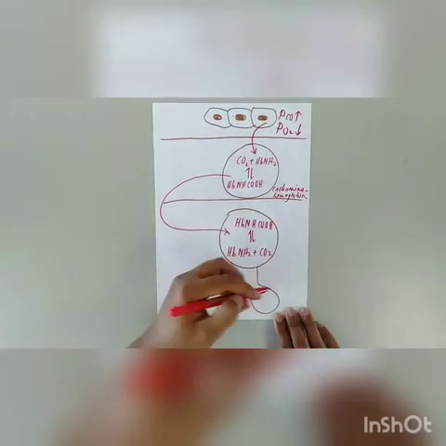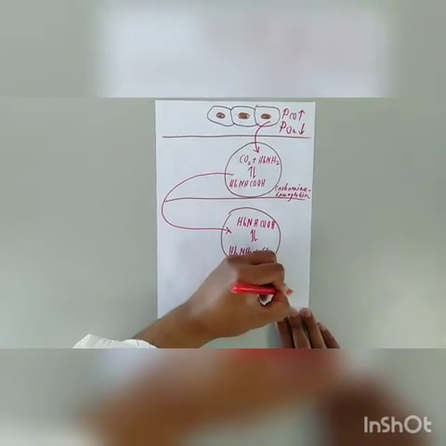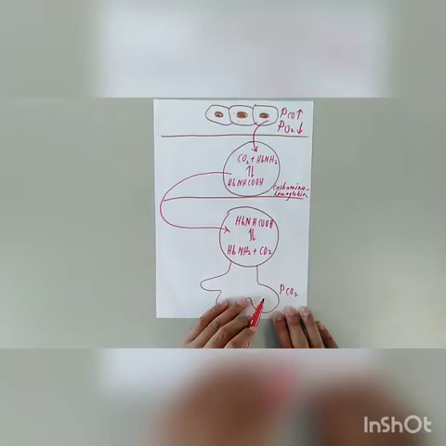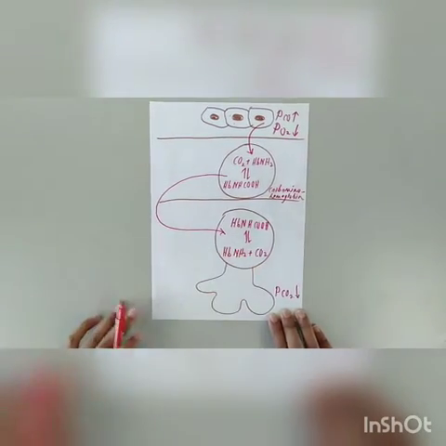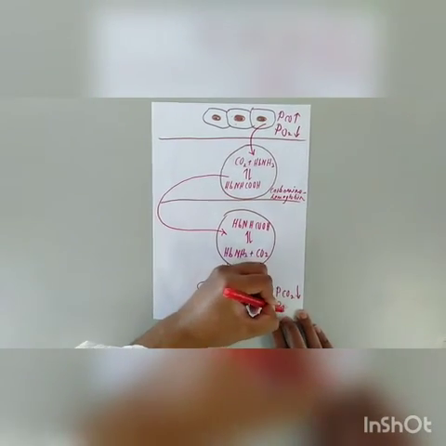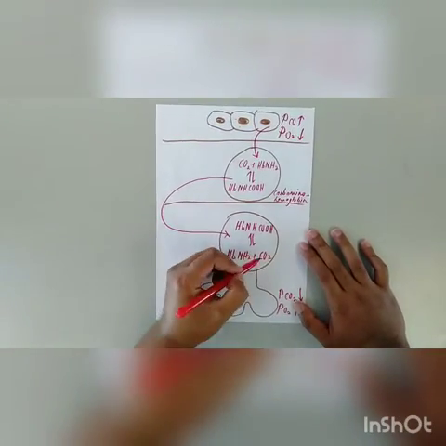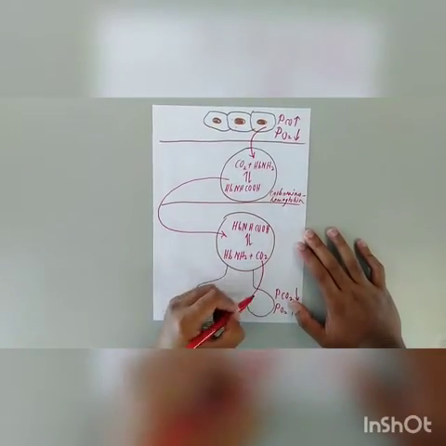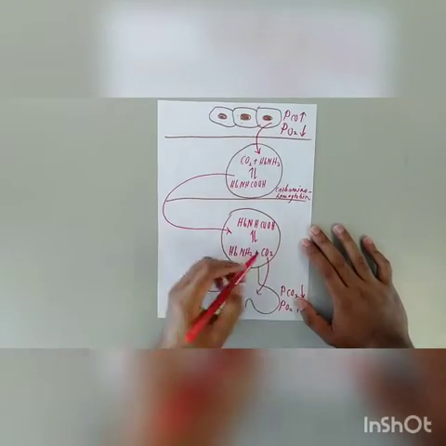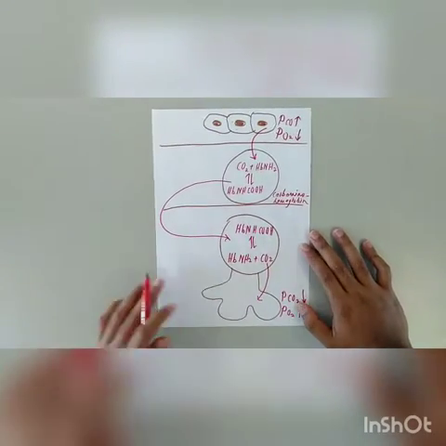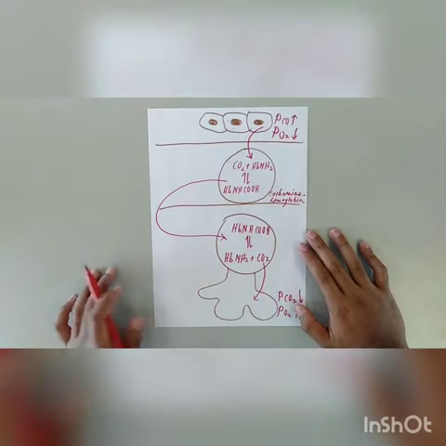We know that partial pressure of carbon dioxide inside alveoli is low and partial pressure of oxygen is high. What will happen here is carbon dioxide will diffuse into alveolar space and be released to the environment by breathing.